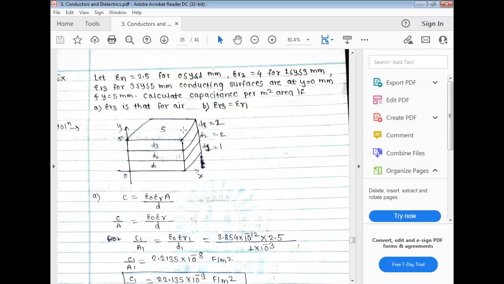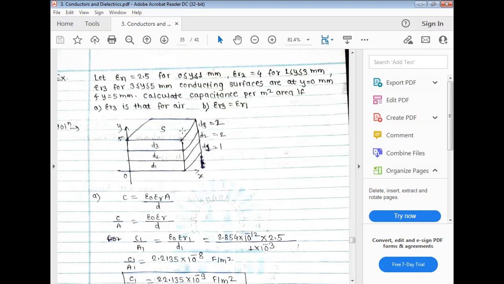So this is a parallel plate capacitor, and we have to calculate the capacitance per meter square area, that is C upon A, when epsilon R3 is that for air.